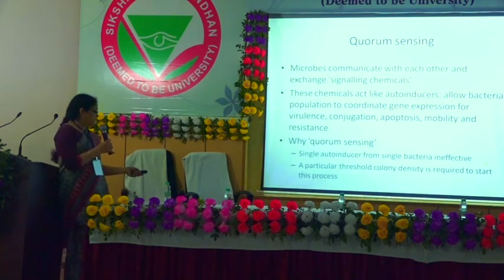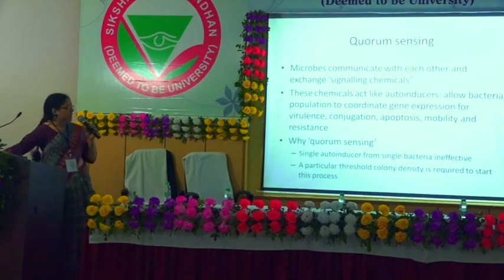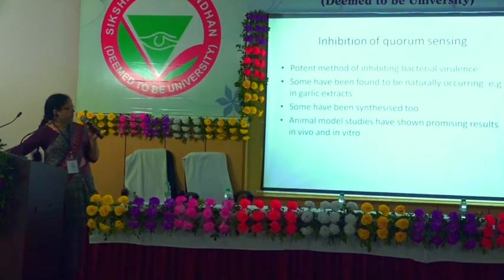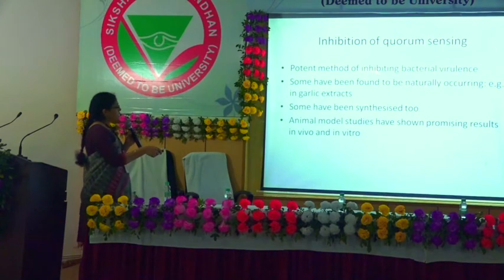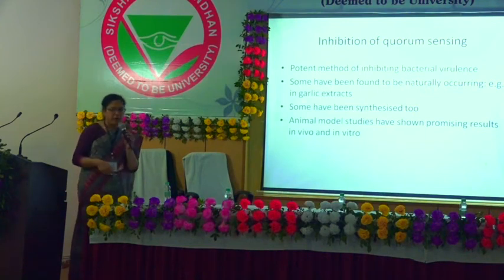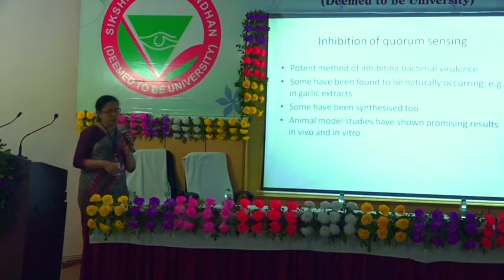Now these happen because of chemicals which are being exchanged, and these signaling chemicals can be targeted, and you can actually try and give inhibitors of these. So it's a very potent method of inhibiting bacterial virulence, and some have been found to be naturally occurring, for example in garlic extract, and some have been synthesized, and there are many animal model studies which have shown promising results.